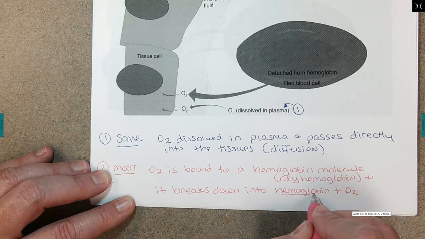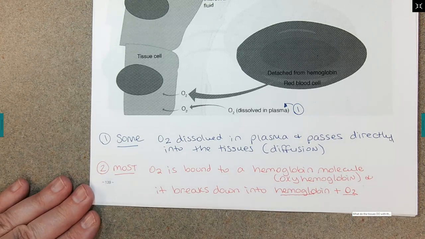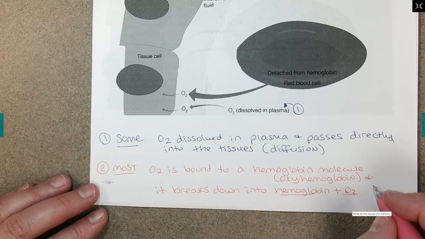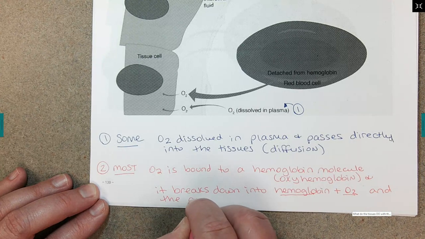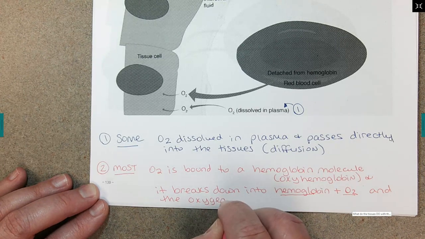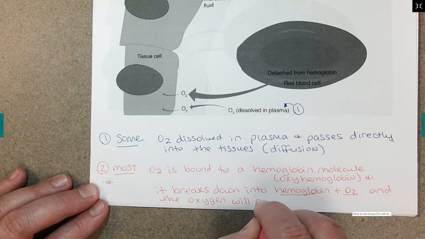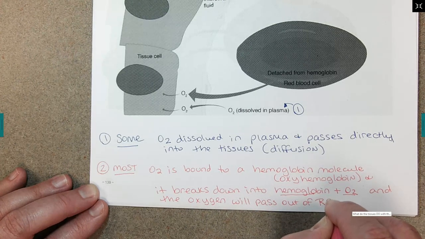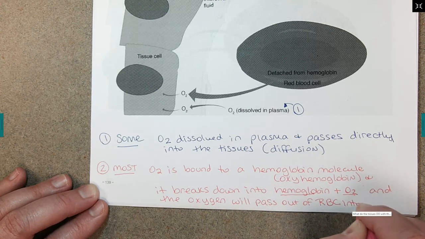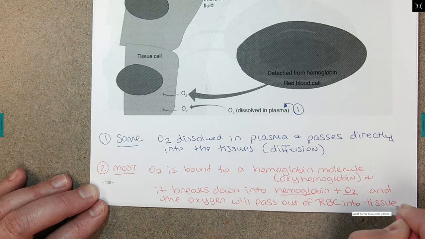So basically the oxygen breaks apart, and you're left with just a hemoglobin molecule, and the oxygen will pass out of the red blood cell into the tissues.